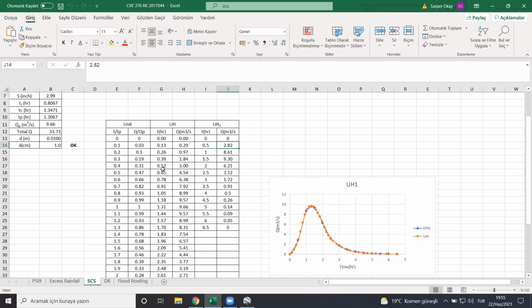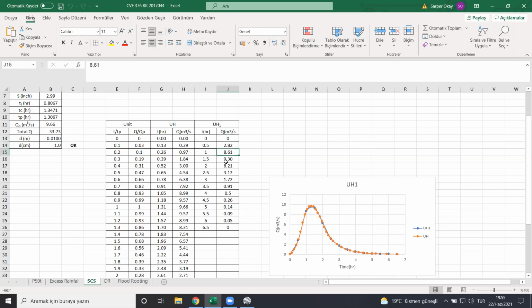Since 0.5 is in between those values, it will be like 0.52 minus 0.5 divided by 0.5 minus 0.65 will be equal to the value we are looking for, which is between 1.84 and 3. So you'll basically do 1.84 minus x divided by x minus 3, and you will find the x value from there. This is how you do the interpolation.